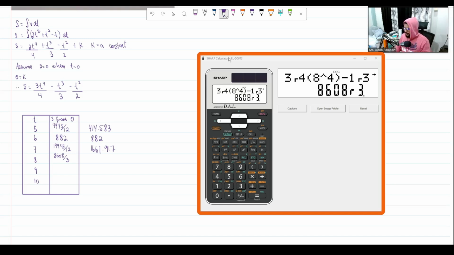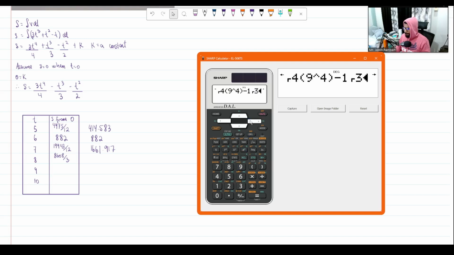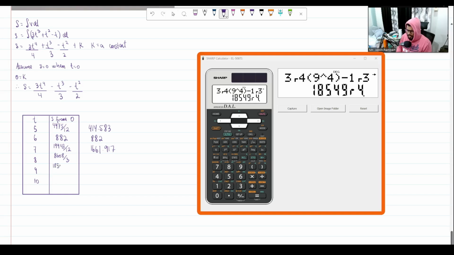9 seconds now. Delete 9. 4637. I'm going to put it as a fraction: 18549 over 4.